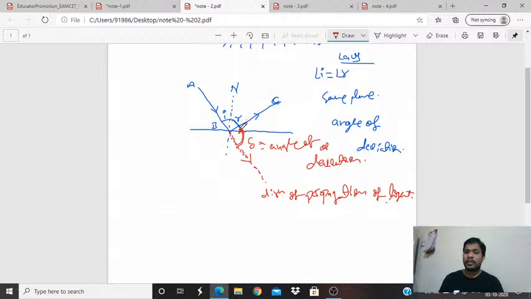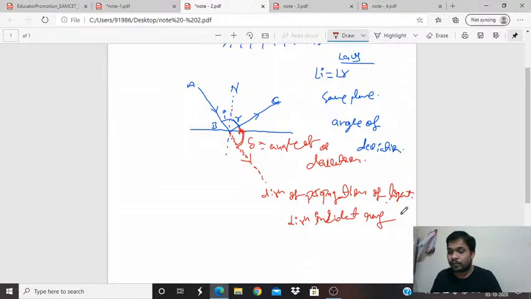So how can we define it? The angle between the reflected ray and the direction of the incident ray. Direction of propagation of light means the direction of the incident light or incident ray. This is the angle of deviation.